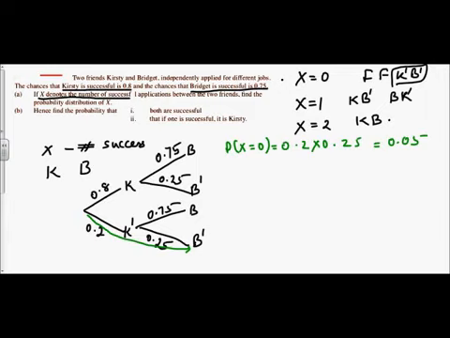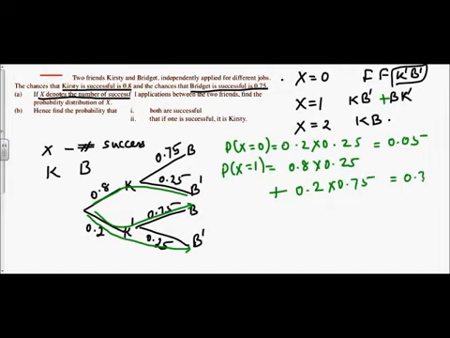For kb dash plus bk dash, because this or that means plus, for P of x is equal to 1, kb dash would be 0.8 times 0.25, plus k dash b, which is here, which would be 0.2 times 0.75, and you can easily see that this is equal to 0.35. For x is equal to 2, it is kb, both are successful, which is 0.8 times 0.75, and which gives you 0.6.